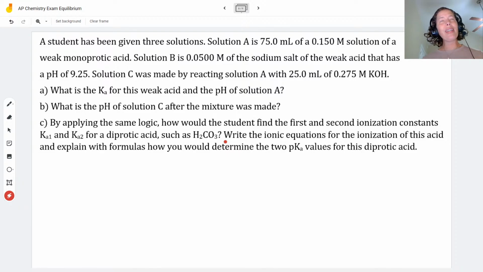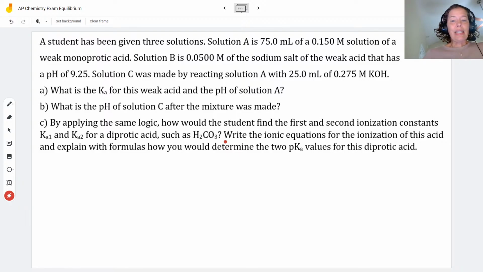I would say for the calculations, of the free response questions that I have gone through, and I've gone through quite a few of them, I tend to see calculations more with the monoprotic acids and a little less with the diprotic acids. But they absolutely can ask you questions about the di and triprotic acids as well.